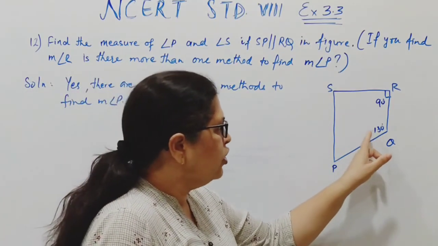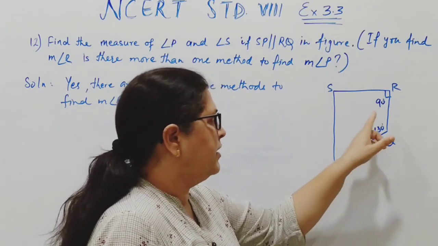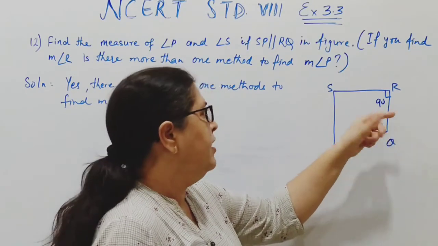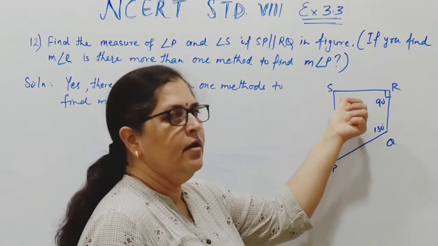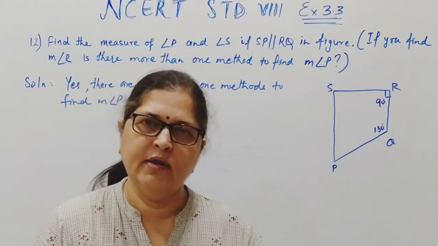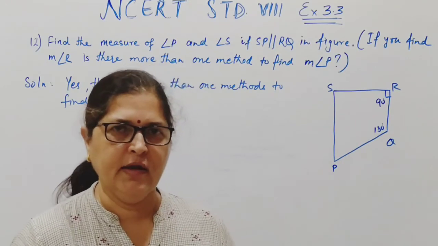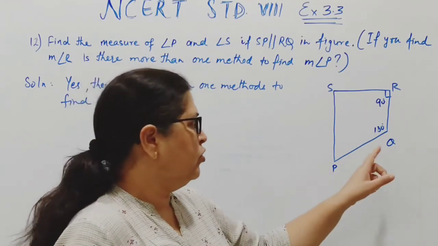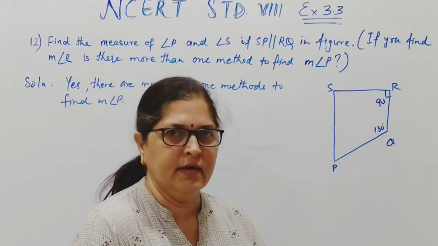Here, angle Q is given 130 degree, angle R is of 90 degree, and we can find measure of angle S by using co-interior angle property as we have done in the first part. So angle S is of 90 degree.